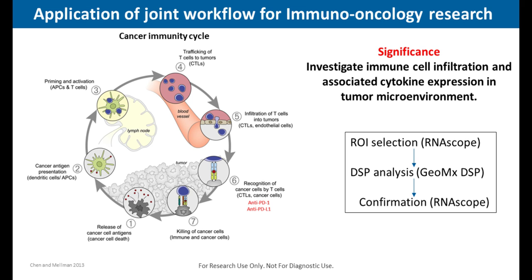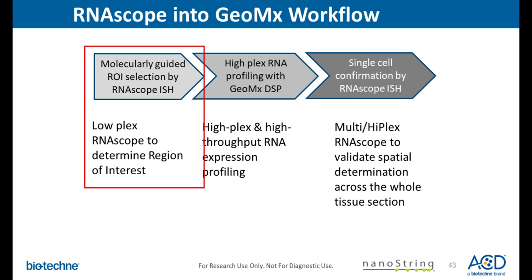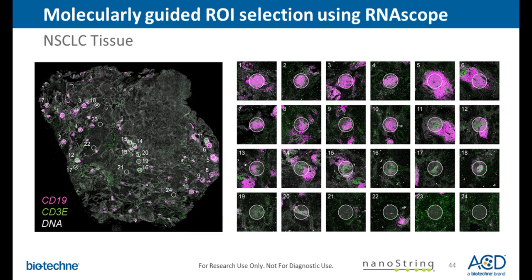To show the applicability of this technology, we decided to use the CD3 and CD19 RNAscope probes to interrogate this lung cancer tumor sample, and saw that different regions of this lung cancer tumor had varying degrees of CD19 and CD3 expression.